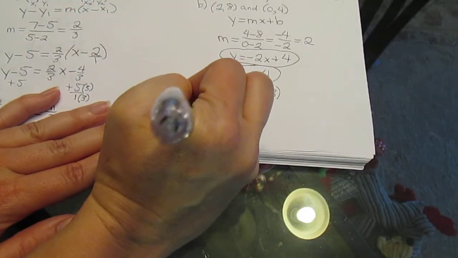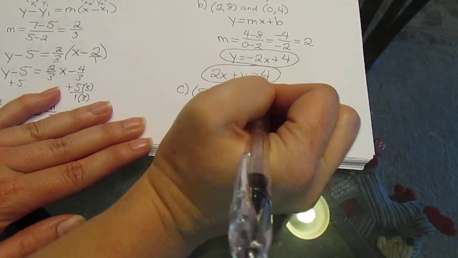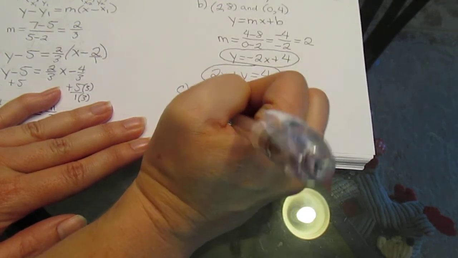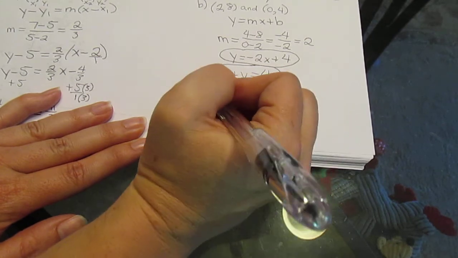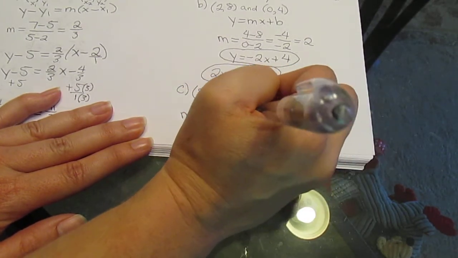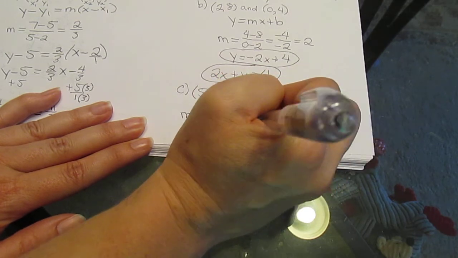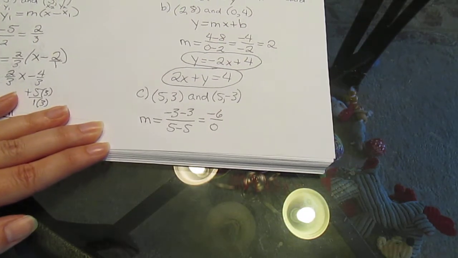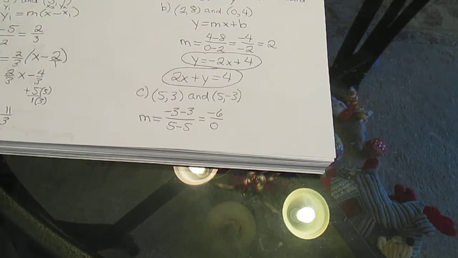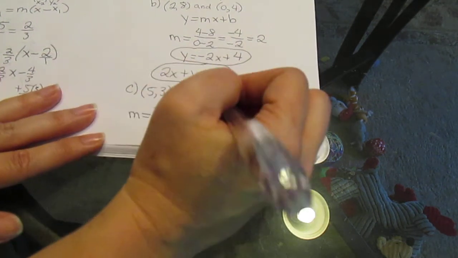We've got m equals negative 3 minus 3 over 5 minus 5. So we get negative 6 over 0. Oh, well, what does 0 in the denominator mean? It means undefined.